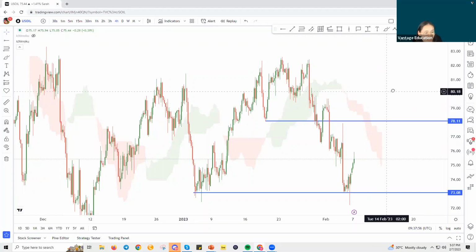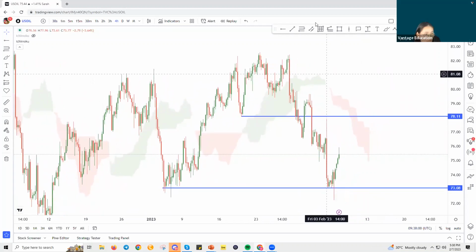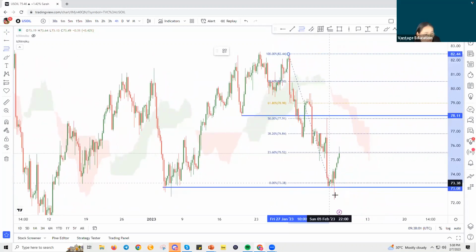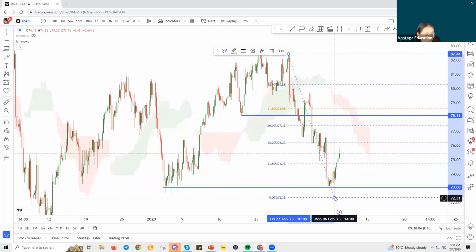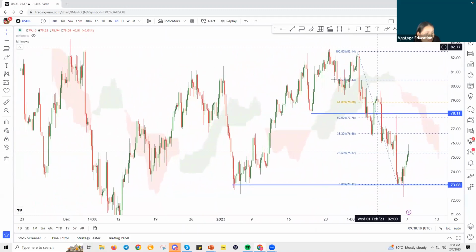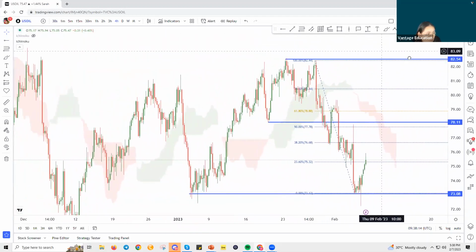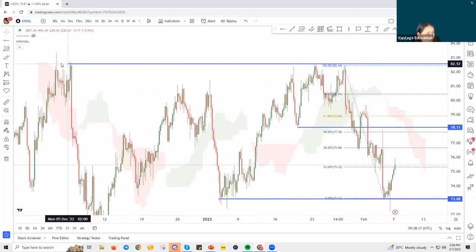Okay, but let's go ahead and analyze this chart. So here I have a retracement. So I'm putting a multiple swing high resistance over here.